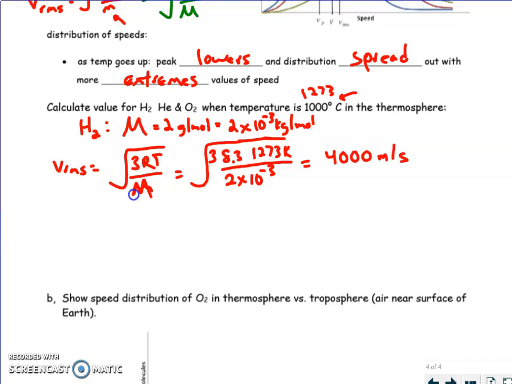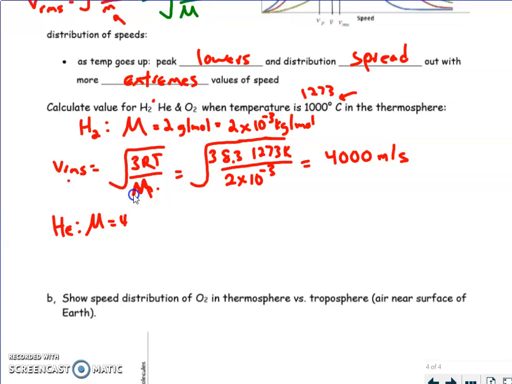Wow, that's pretty fast. And that's because, A, the temperature, of course, but B, because we have a low molecular mass. So if we look at helium, which has a molecular mass of 4 grams per mole, I don't have to plug in an equation again. I can see that the VRMS goes as the inverse square root of the molecular mass.